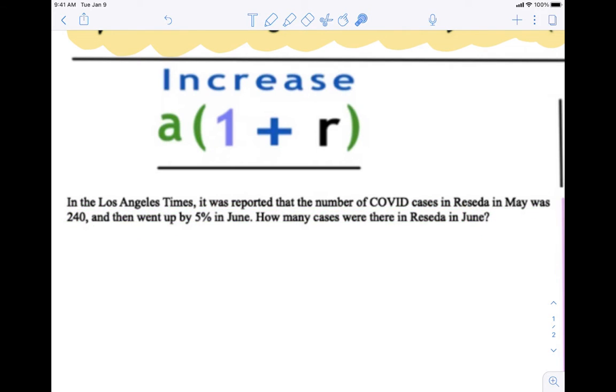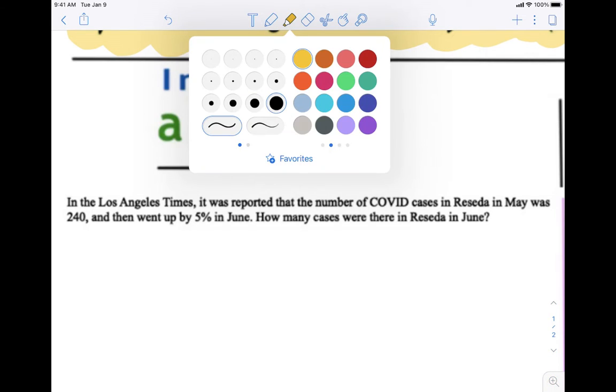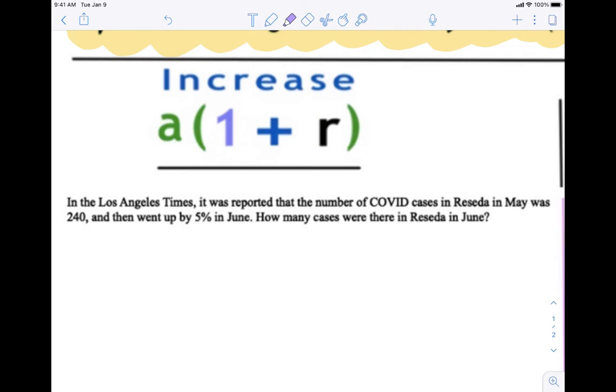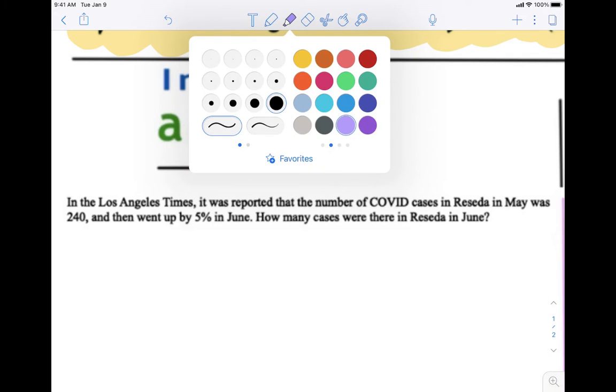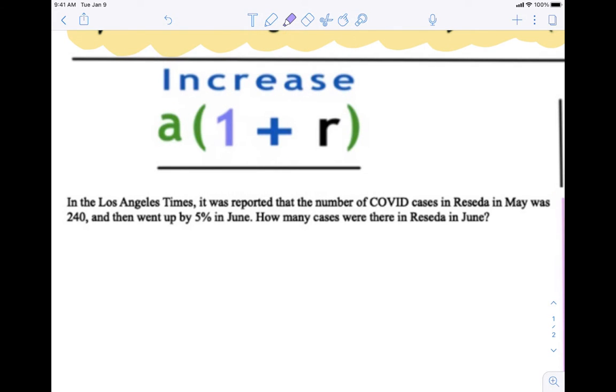Okay, so let's highlight the important parts that we need for this problem. What number are we starting with? It says the number of COVID cases in Reseda in May. So we're starting in May. May was 240, and then it went up 5%.